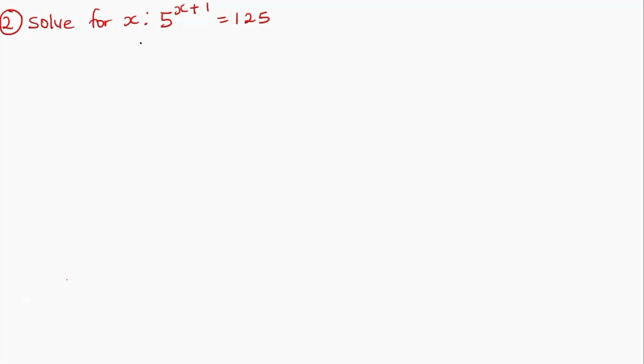Alright, we have this question here that says solve for x. 5 raised to the power of x plus 1 is equal to 125. The first thing we want to do, we can easily rewrite 125 as 5 raised to the power of 3, which implies that 5 times 5 times 5 is going to give us 125.